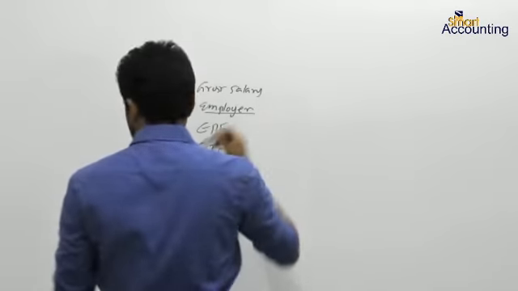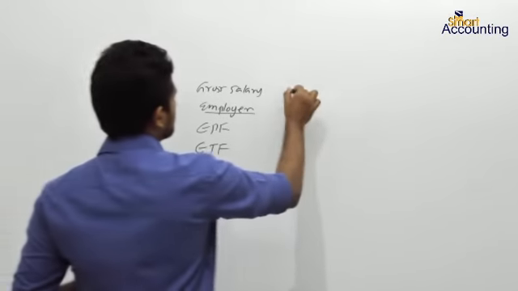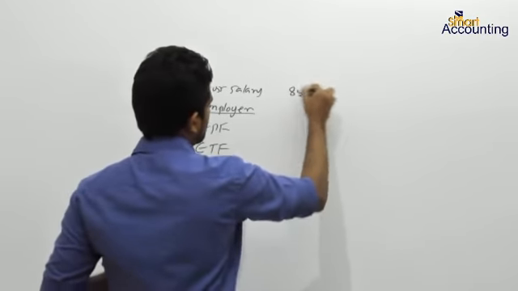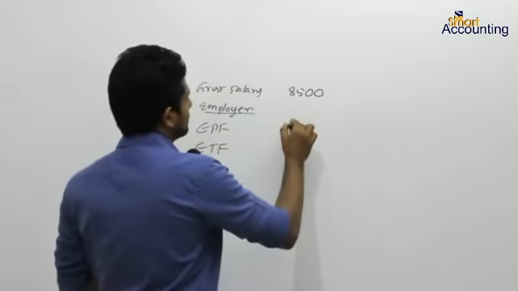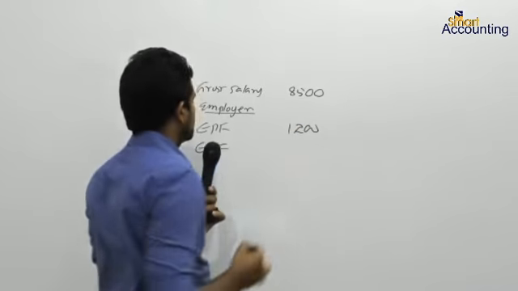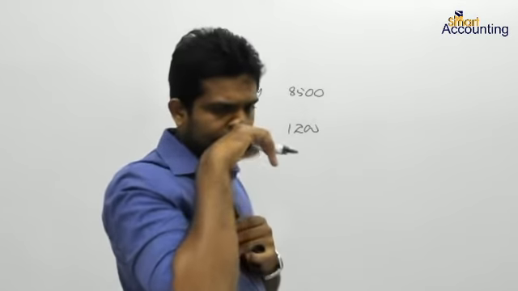The basic salary is 8,000, overtime 500, that is 8,500. Then EPF, 1,200. ETF 240.